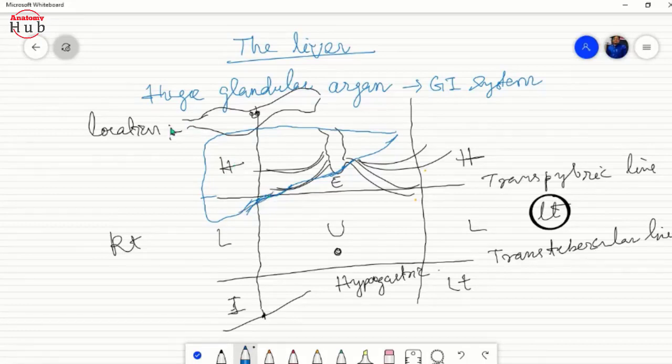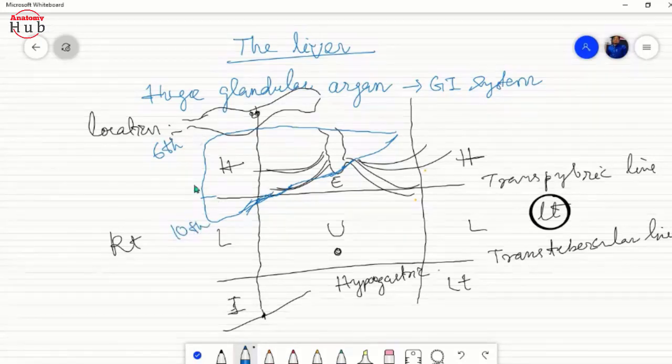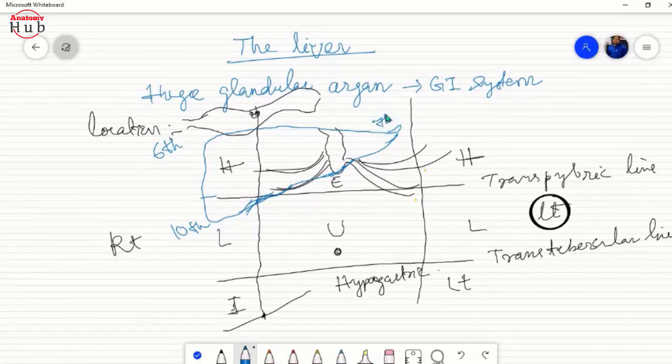That means it extends from the sixth costal cartilage to the 10th costal cartilage on the right side. And on the left side, the liver occupies from the 7th costal cartilage to the 8th costal cartilage.